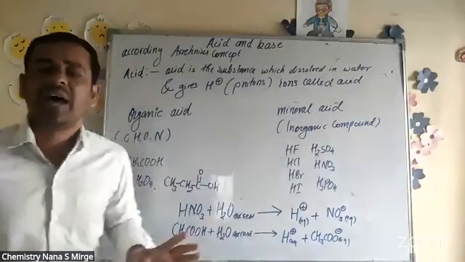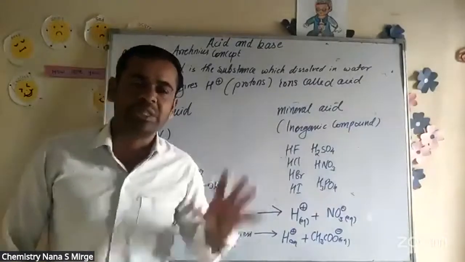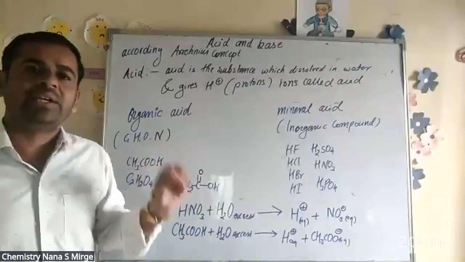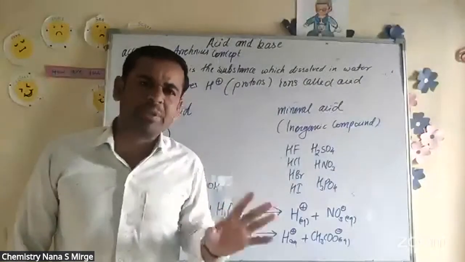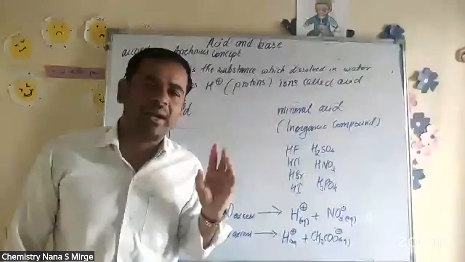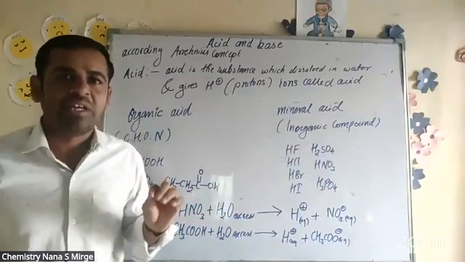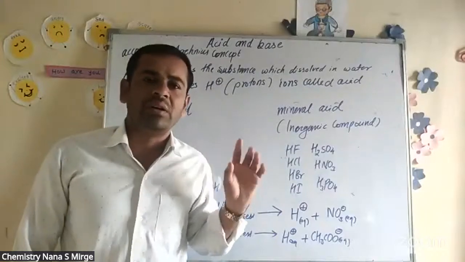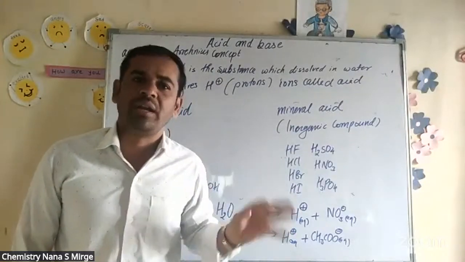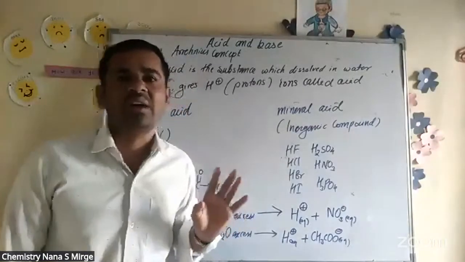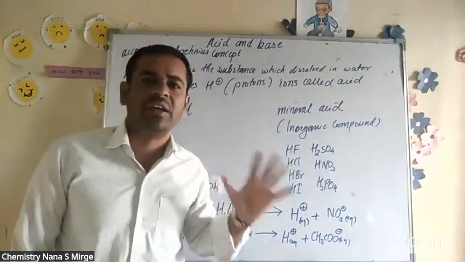Arrhenius said that any substance you dissolve in water, whenever you dissolve it in water, it dissociates and forms ions. If it is an acid, it will give H plus ion. Isn't it? A very simple definition Arrhenius has given.